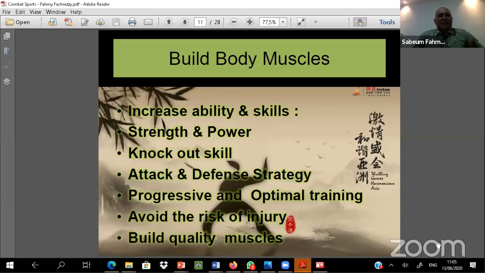Build body muscle, increase ability and skills. Number 1, strength and power. Increase your ability and your skill. Knockout skill, because in combat, a knockout is very good for your luck. If you kick or punch and it's a knockout, the competition is finished.